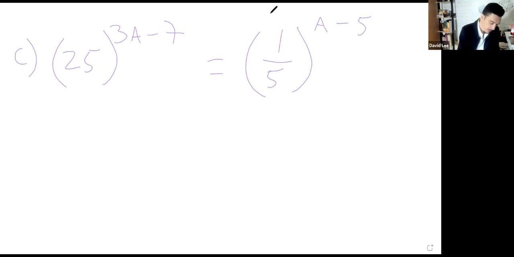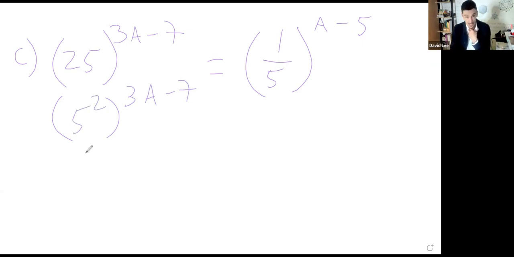You see, in here it's supposed to say 25. But instead of 25, what if I write 5 to the power of 2? That's still 25.